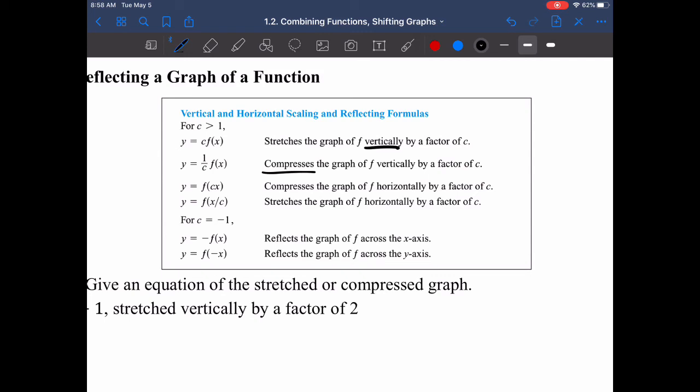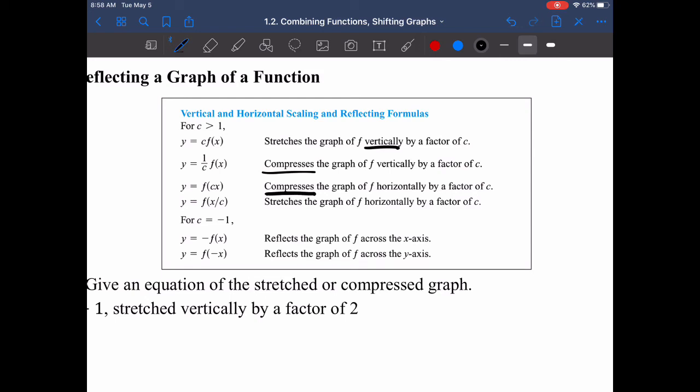If you multiply by a number greater than 1, it's going to make it bigger. If you multiply by a number less than 1, it's going to compress it and squish it down vertically and make it smaller. For here, we've got it multiplying directly on x inside of the base function. And so it's going to do the opposite. Multiplying by c actually is going to compress it horizontally.